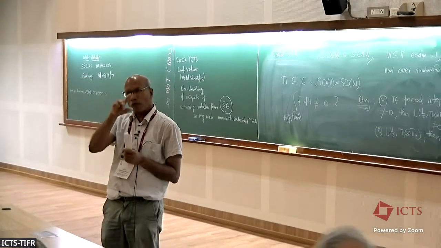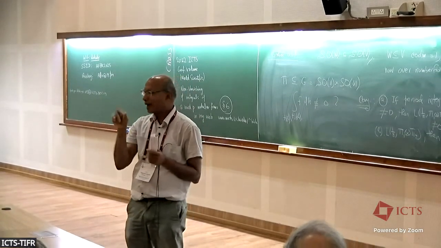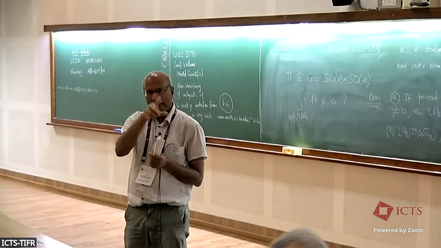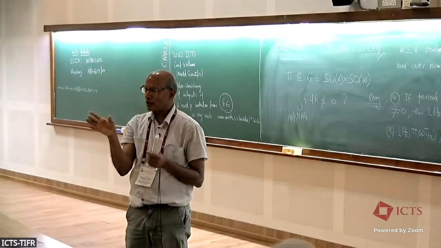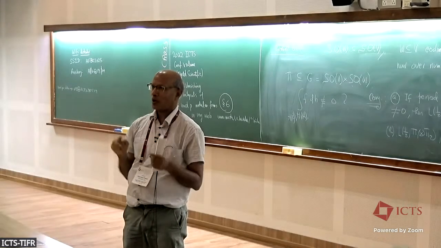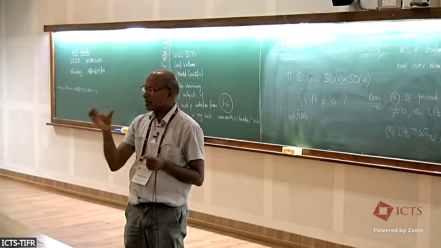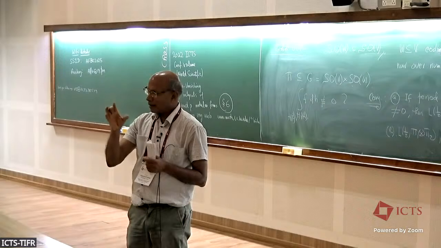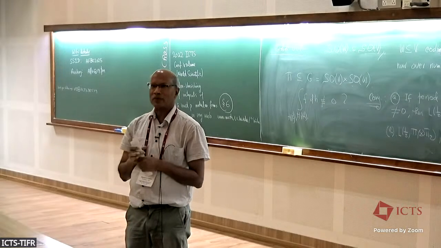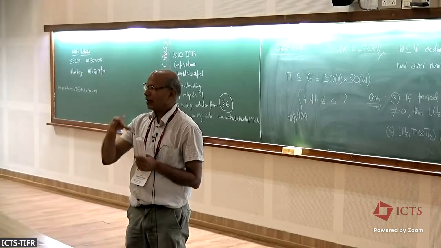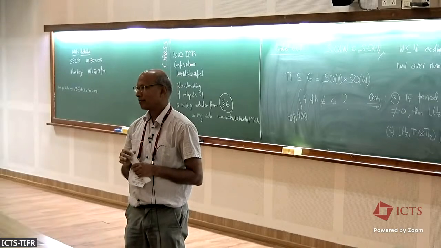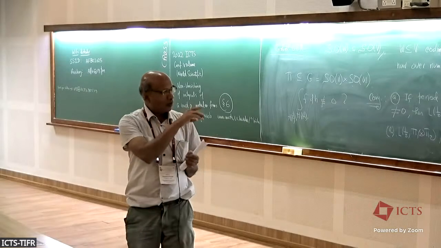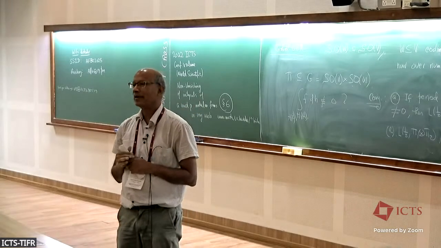If the global L function for pi1 tensored pi2 is non-zero, then the global L functions for pi1 and pi2 are also non-zero, because that product is equal to the full product. So if a product of certain numbers is non-zero, then each one of them is non-zero. These are self-dual symplectic representations, and for them, therefore, the sign is 1. Sign being 1 is what Arthur needs to make it automorphic.